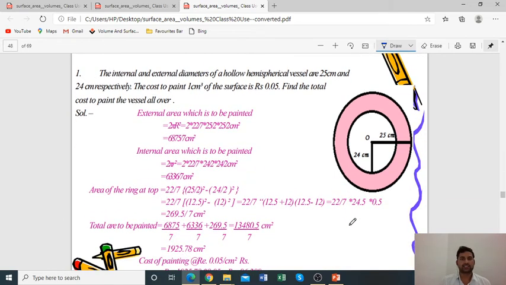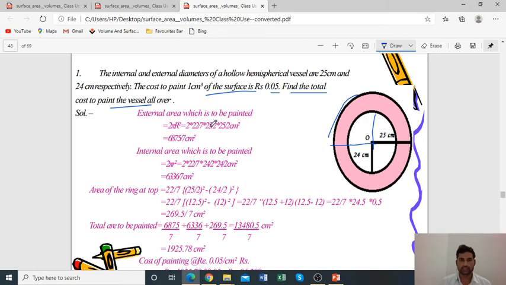The internal and external diameters of a hemispherical vessel are 25 centimeters and 24 centimeters respectively. The cost of painting 1 square centimeter of the surface is 0.05 rupees. Find the total cost of painting the vessel all over. Already you know the external area is to be painted. 25 centimeters is the external diameter and 24 is the internal diameter.